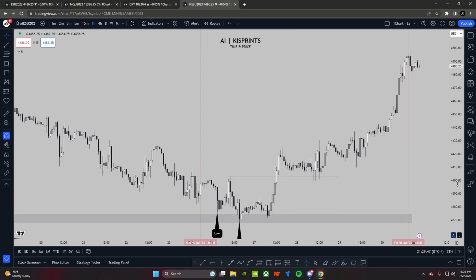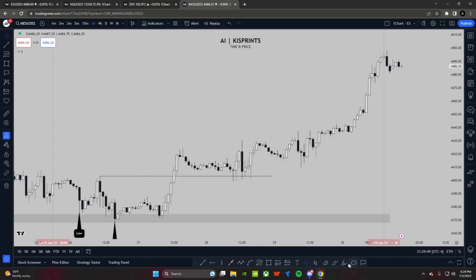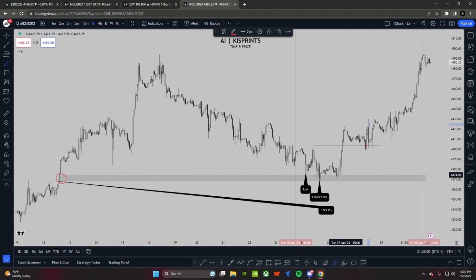But as you can see here, if we zoom in, if our entry is here and our exit is at this high, you would exit on this move up straight to target. And that is a bullish breaker example.